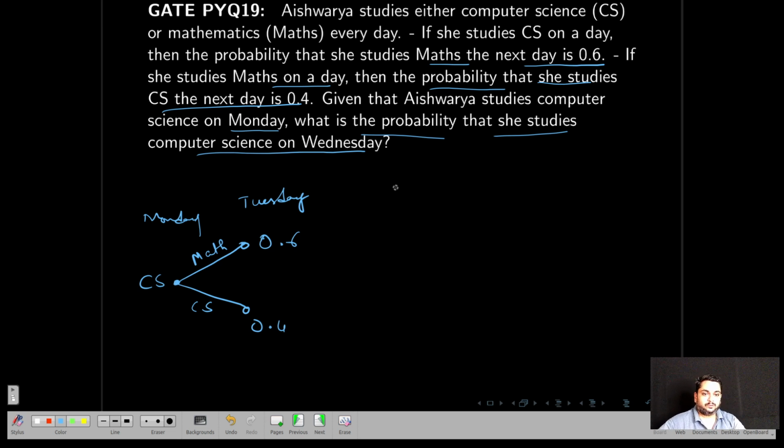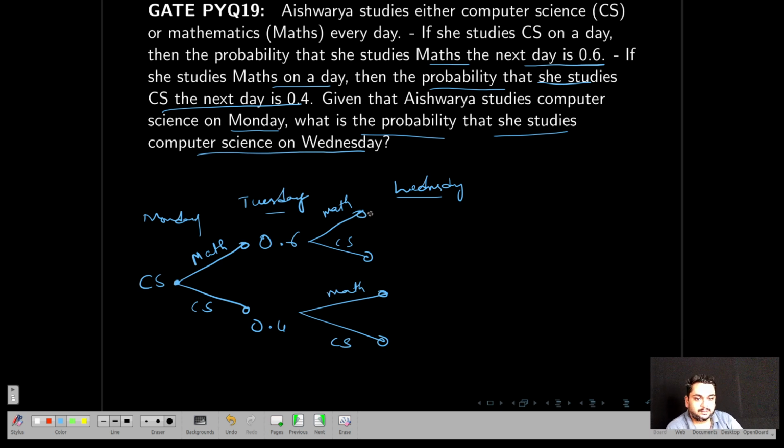Next, you come to Wednesday. So if she studies maths on Tuesday, then on Wednesday she can study math or CS. Similarly, if she studies computer science on Tuesday, then she can study maths or CS.